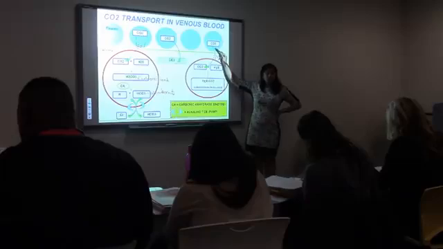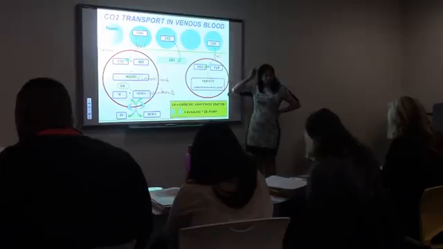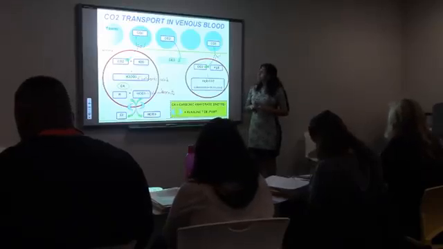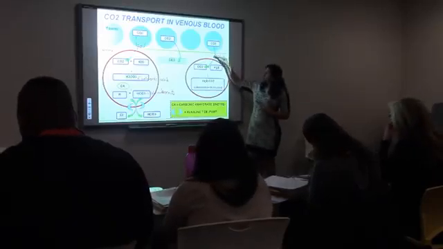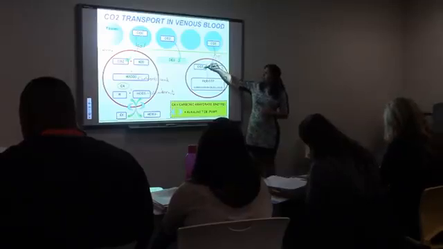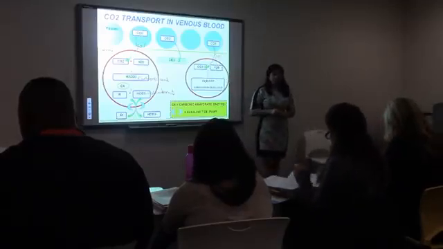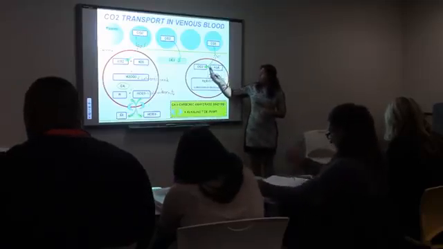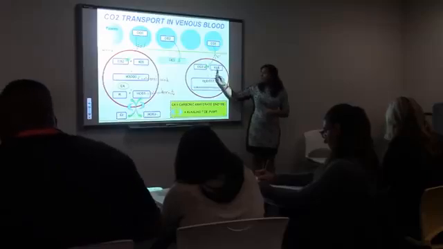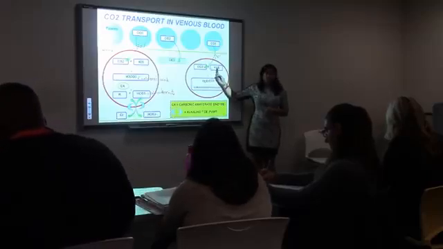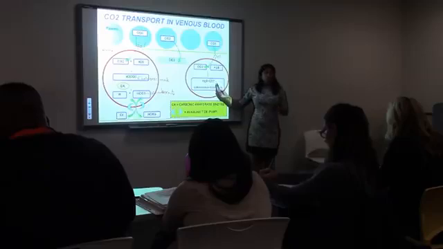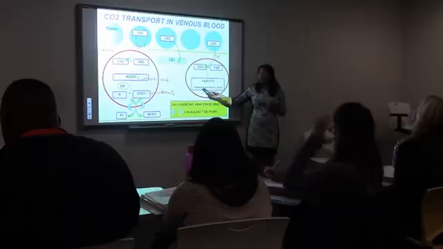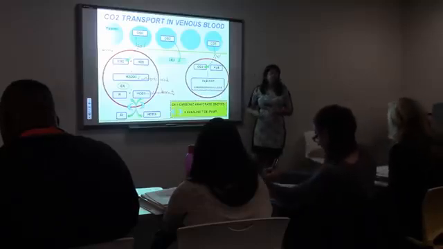20% of CO2 leaves the tissues, enters a red blood cell, binds with hemoglobin. And it's transported in that form. What do you call the molecule when carbon dioxide and hemoglobin are bound? Carboaminohemoglobin.